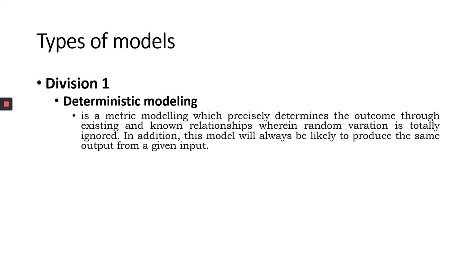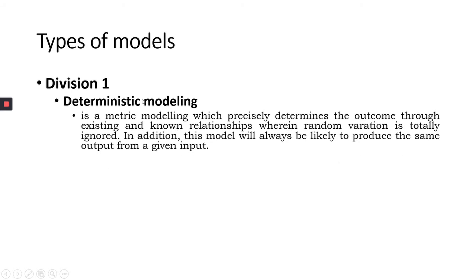For division 1, this model is based on the output or outcome they predict. Under this division, we have the deterministic modeling. It is a mathematical modeling which precisely determines the outcome from existing relationships wherein random variation is totally ignored. In addition, this model will always be likely to produce the same output from a given input.